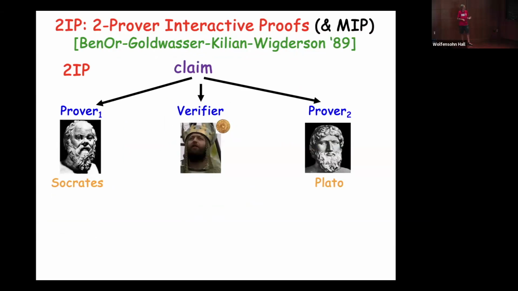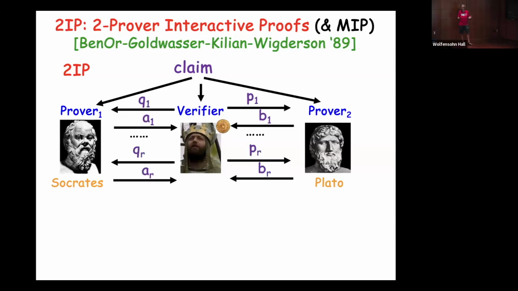How does this happen? The provers can meet beforehand, even knowing the claim, discuss whatever strategy they want, but then they are separated, and then the verifier can interrogate them independently. After he starts asking questions, they are not allowed to communicate. Okay, so the model is clear.